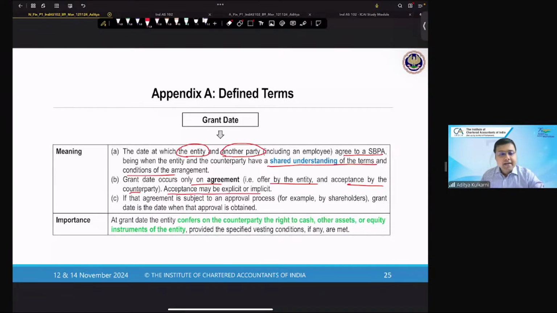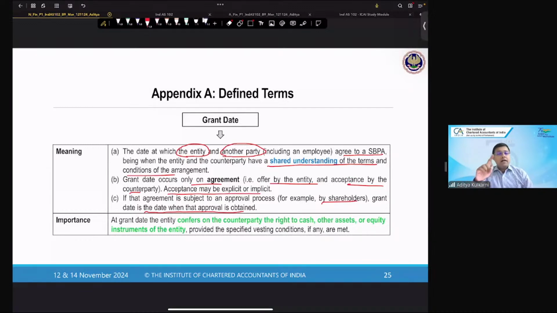If that agreement is subject to an approval process, for example by shareholders, then the grant date will be the date when the approval is obtained. When you give stock options to employees, obviously the existing shareholders' stake in the company will come down.